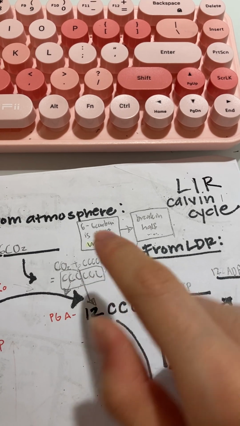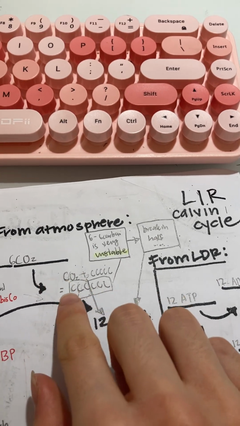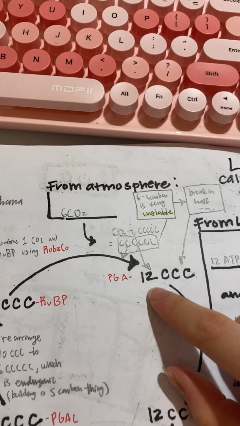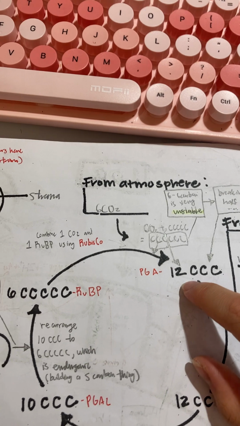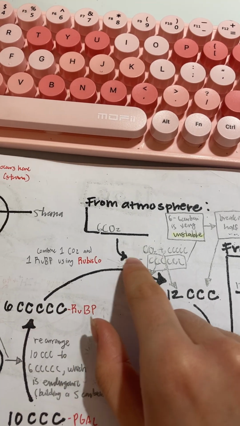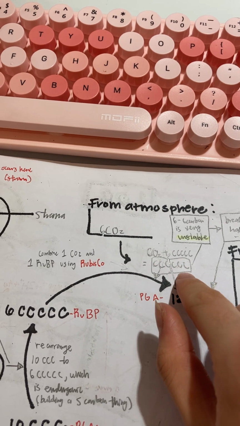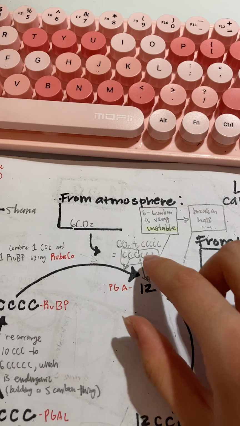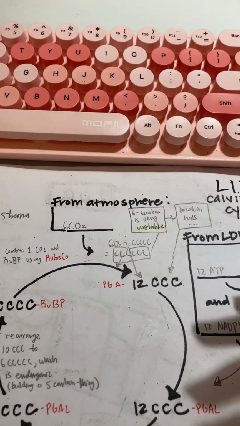So this is a 3-carbon and this is a 3-carbon. And each of these 3-carbons is called PGA. So over here, there are 12 PGA, because 6 times 6 equals 36, and 12 times 3 is also equal to 36. So we're just rearranging the carbons.